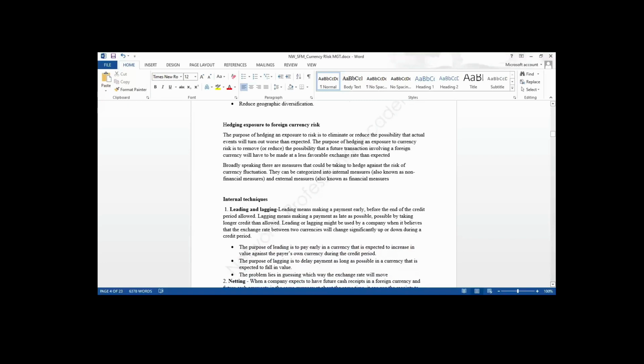To lead means to make payments early, while to lag means to delay payments, making payments as late as possible. Leading and lagging can be used to protect a company against foreign currency risk.